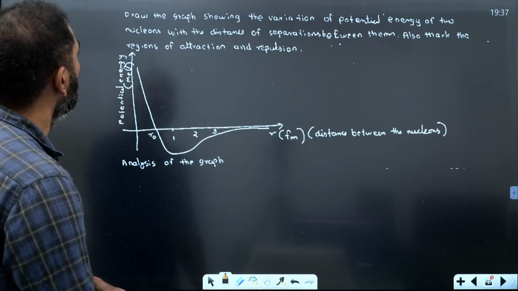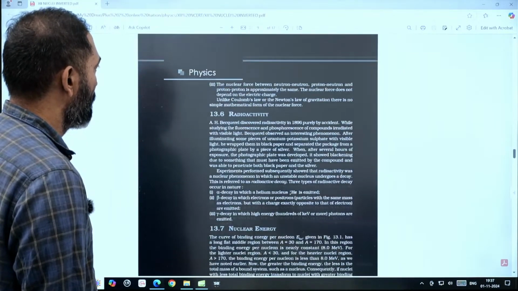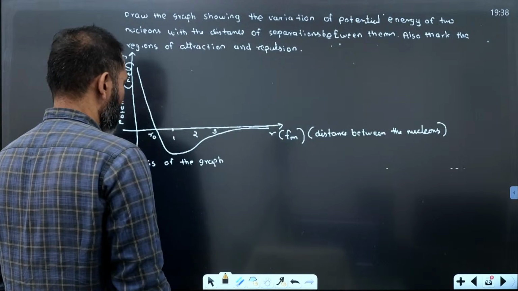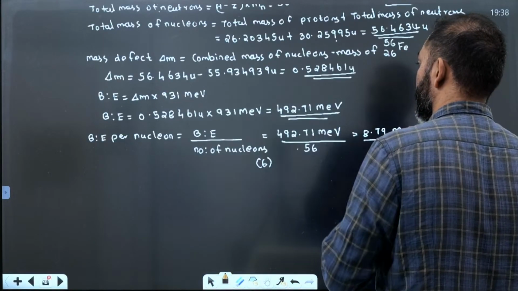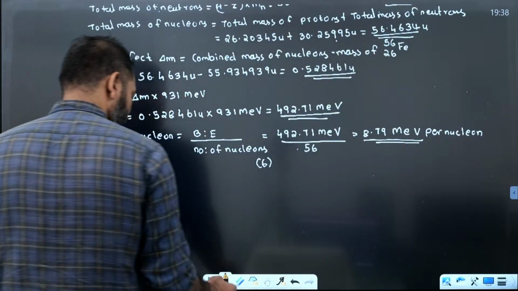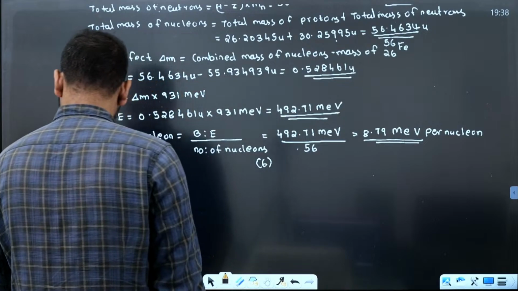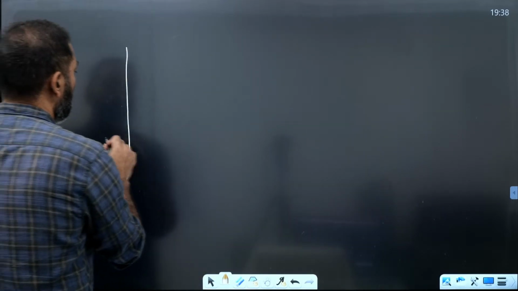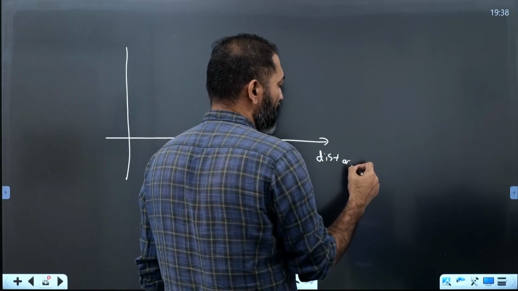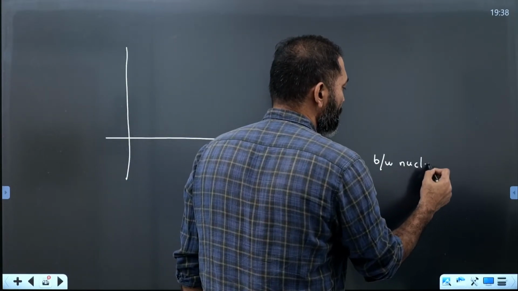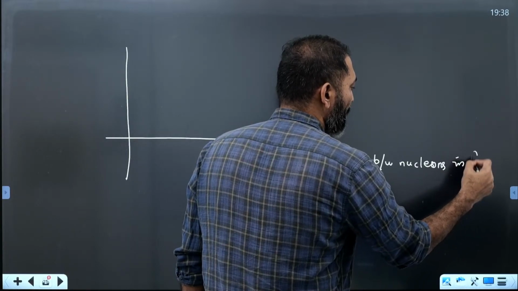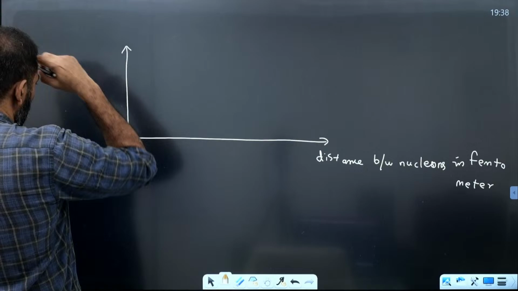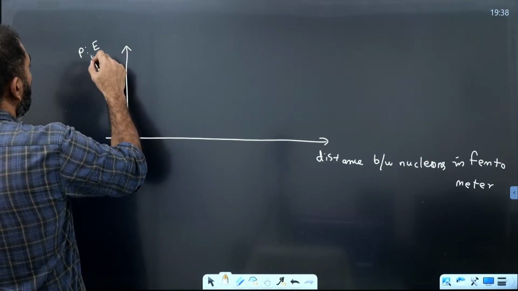Now please note down this graph. Our next topic is a graph: distance between nucleons in femtometer versus potential energy in MeV.